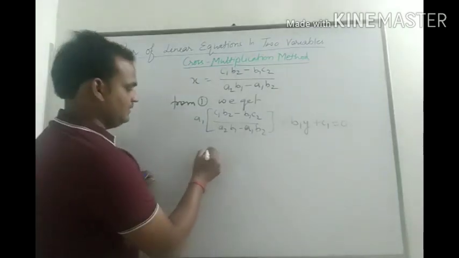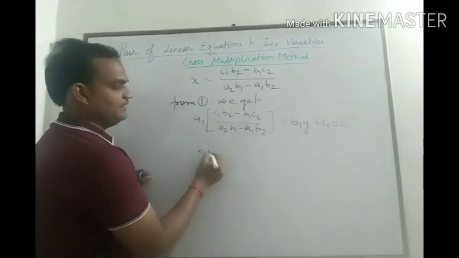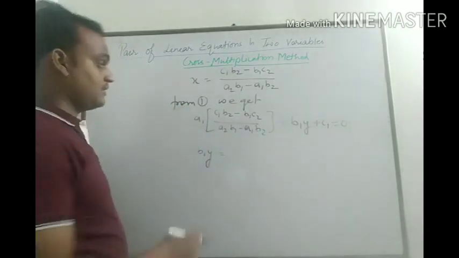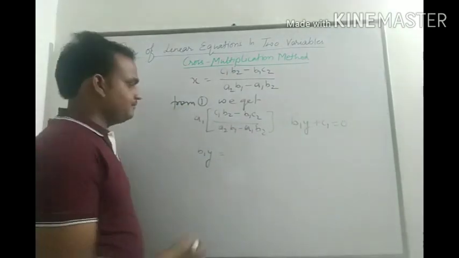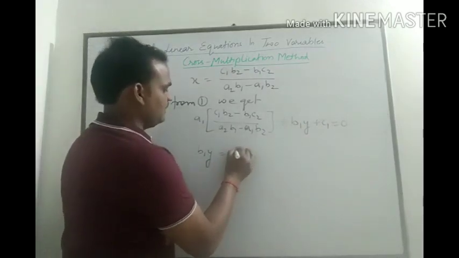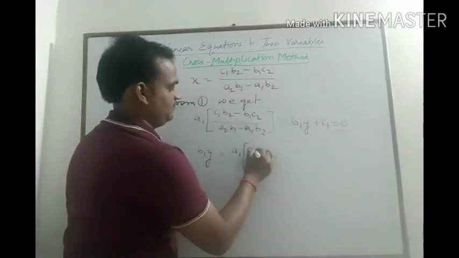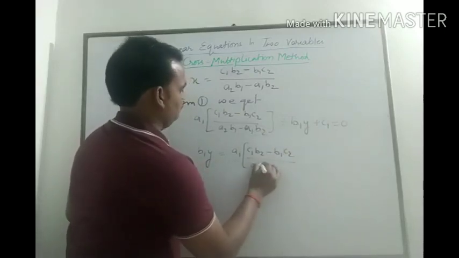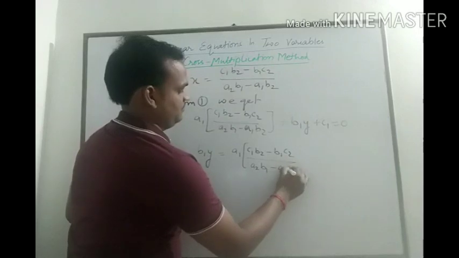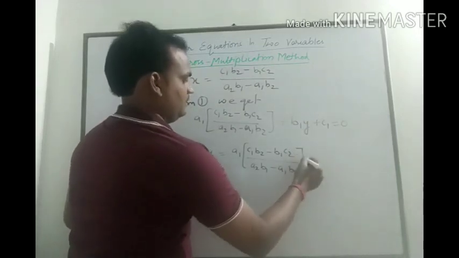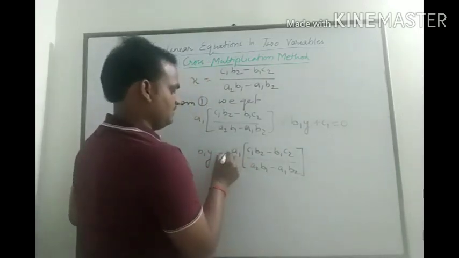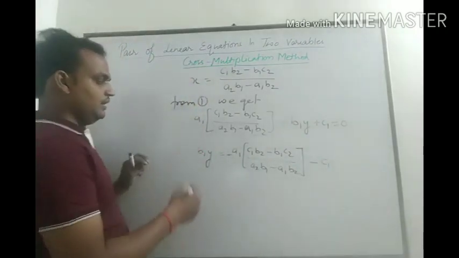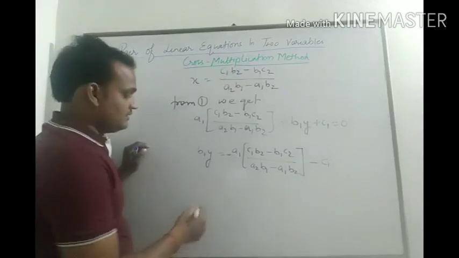So we take b1y on the left side and the other things will be transferred to the right hand side. We get a1 (b1 c2 minus b2 c1) upon a2 b1 minus a1 b2, obviously minus, and minus c1. Now we can solve this.